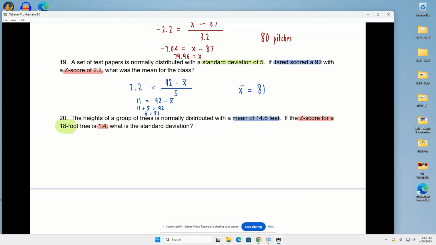We're missing the standard deviation, okay? So here's my equation. The z-score goes out front, 1.4, and that equals my actual value, x, 18, minus the mean, 14.6, divided by the standard deviation.